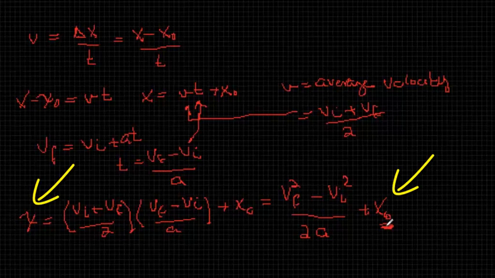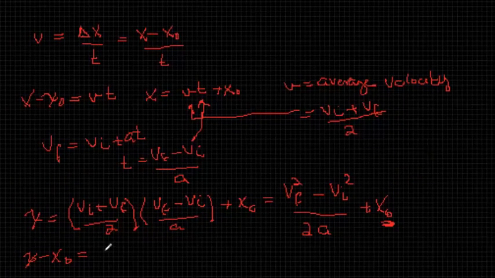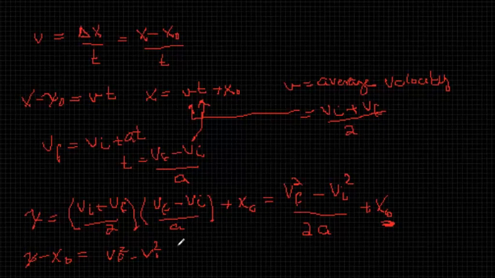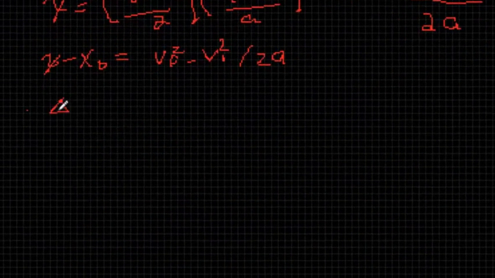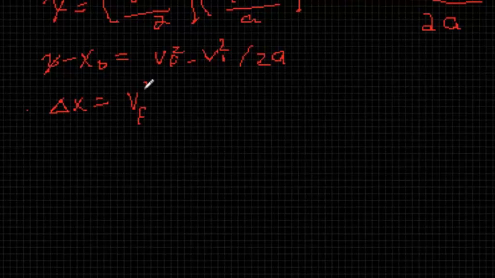Subtract the initial distance from both terms. You'll have x minus x sub 0 will be equal to final velocity squared minus initial velocity squared divided by 2 times acceleration. We know that this term is the change in distance, delta x equals final velocity squared minus initial velocity squared divided by 2 times acceleration.